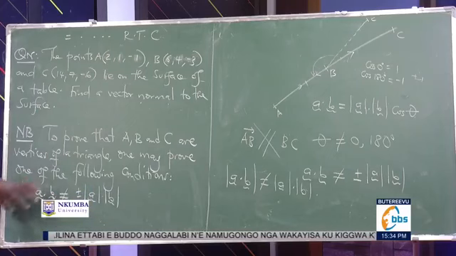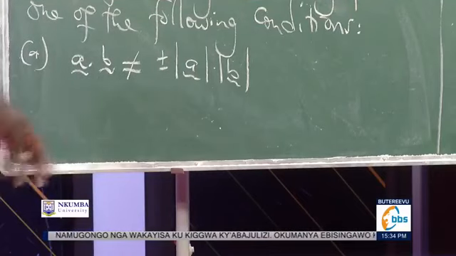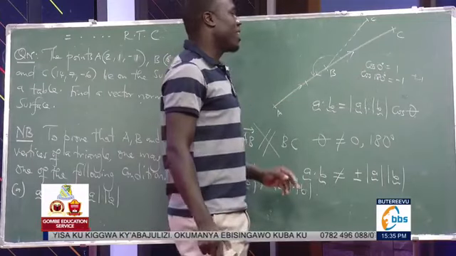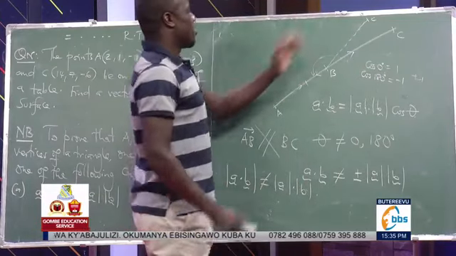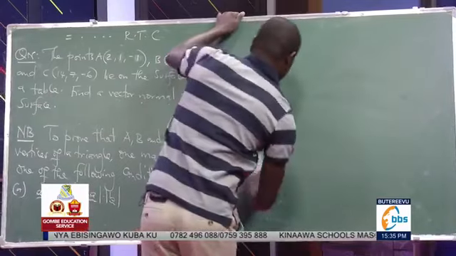But if you can remember that, it is okay. So here, if the dot product is not equal to that, then we are claiming that the angle between these two guys is neither 0 nor 180, and so they are not on the same straight line. That was the first case.